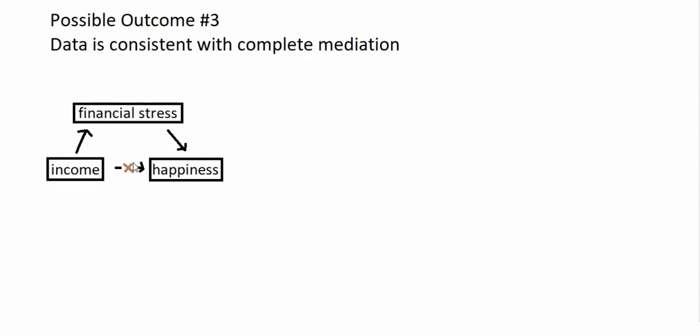And finally, if the data isn't showing this correlation at the bottom, then the direct path is broken, and the data is consistent with complete mediation, because the data is showing that you can't get from income straight to happiness. You have to go through this intermediate step to get to happiness, because only the indirect path is actually intact.